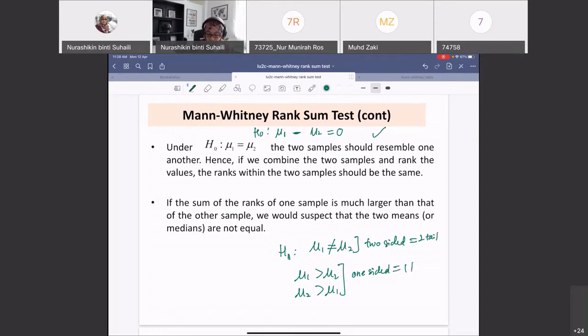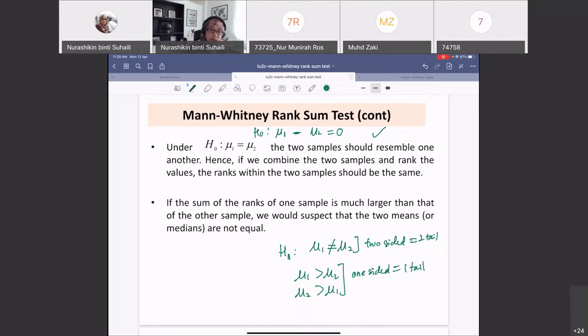So it depends on the question, because the question will state the focus. Whether you want to test which one is bigger, or if it's not stated, let's say it states to test whether there is a difference between the two samples.